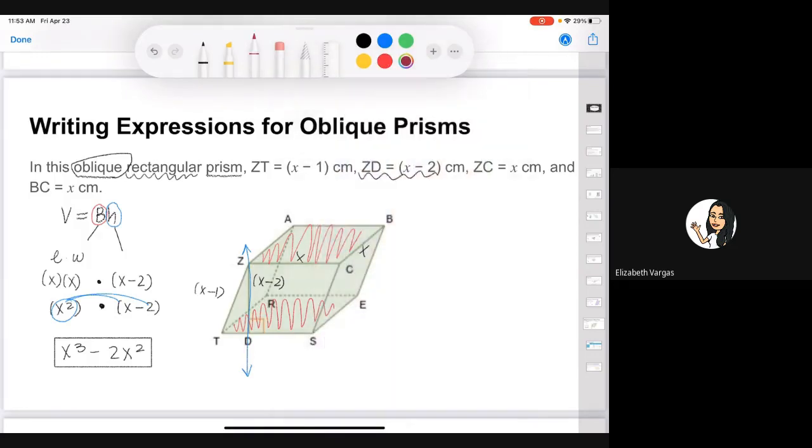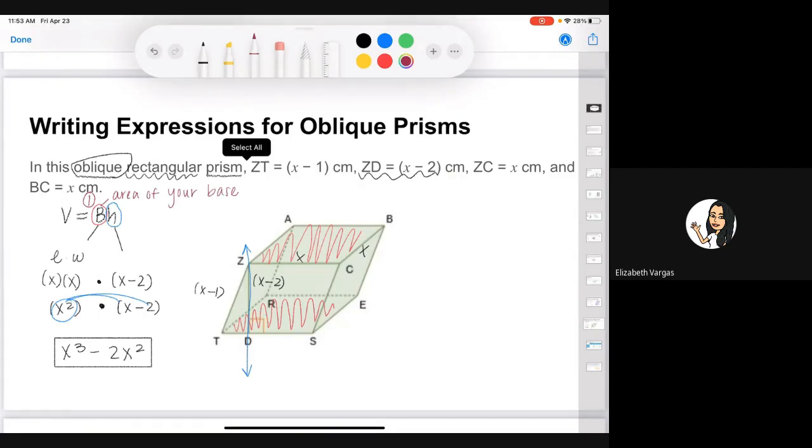One more time. The first thing you want to do is identify your B. Your B is going to be equal to the area of your base. The area equation you use depends on the type of base you have. If you have a rectangular base, you use length times width. If you have a triangular base, you use 1/2 base times height. We have different area equations for different types of 2D figures, so make sure you're using the correct one.